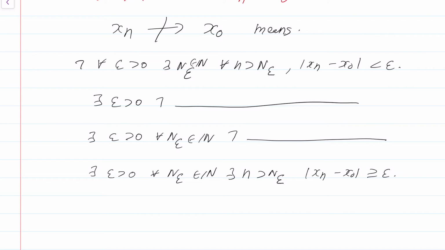No matter how far along I am in the sequence, which is the role of n epsilon, there is always some other term greater than n epsilon that spoils the day. This is what the negation of the definition of xn converging to x naught says.